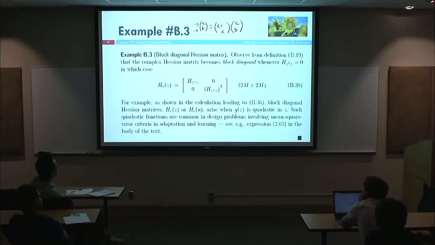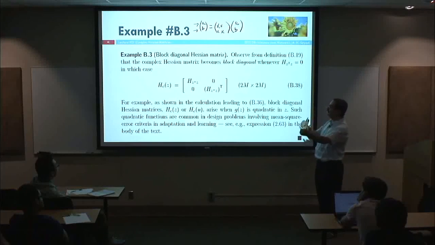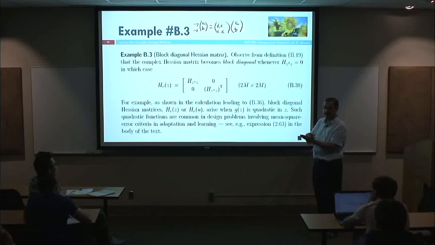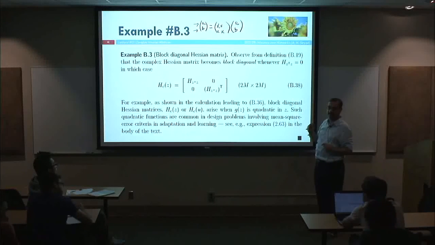But if you have a full Hessian matrix that's not necessarily block diagonal, then they become coupled. Whatever is happening to A depends on what happens to B and vice versa, right? So when you study optimization or adaptation problems over networks that involve complex data, you can have some coupling between the evolution of variables in the network because of this problem.